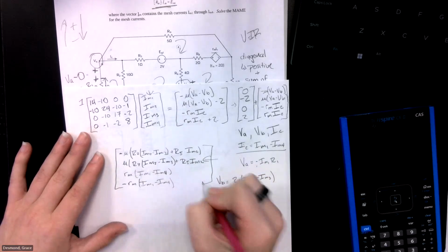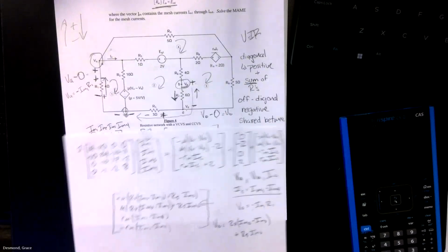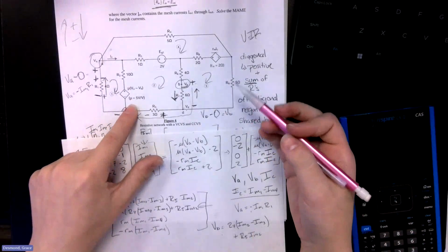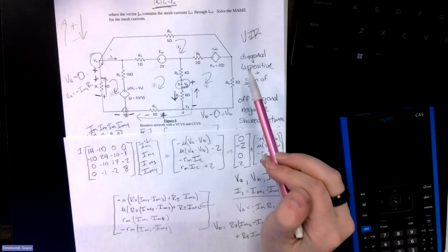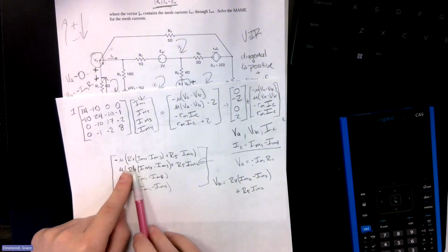Okay. That's still a bunch of things. We need to put numbers in now. So mu is 5 and RM is 2.